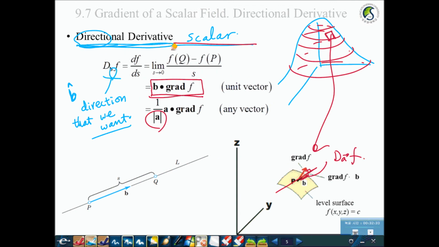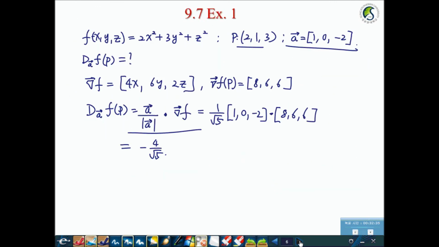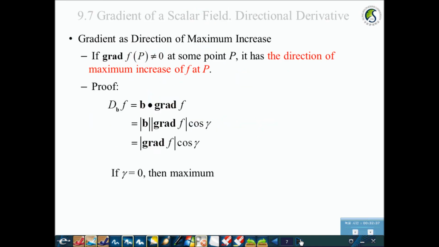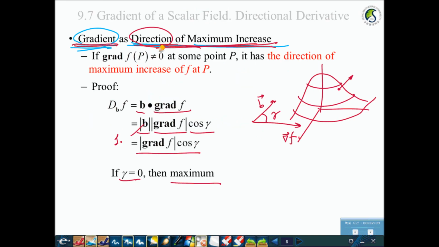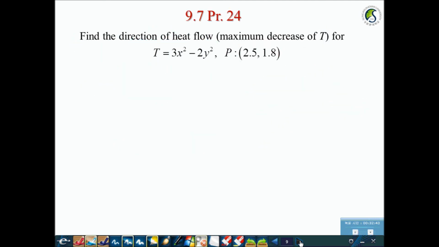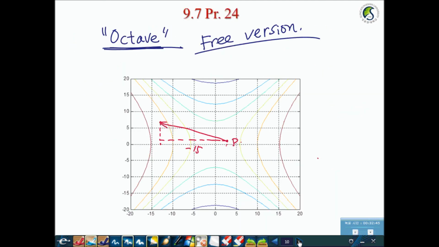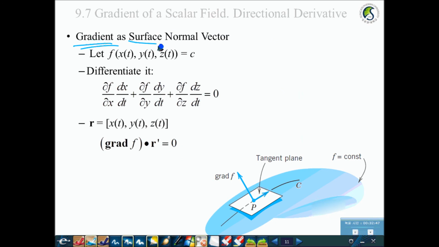We use gradient for getting the directional derivative, and it's the direction of maximum increase. We verified that. And the last property of gradient is that it's a normal vector to the surface. If you have a surface and you get a gradient, that shows the normal vector.